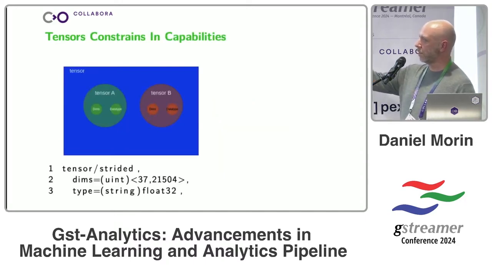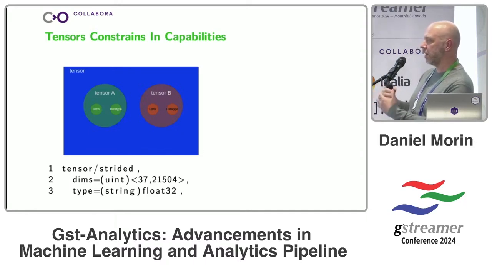Here, we have two tensors. They have again the same generic properties, and if we intersect them, they stay separate because they have a different encoding, the thing I was just referring to, the tensor ID.